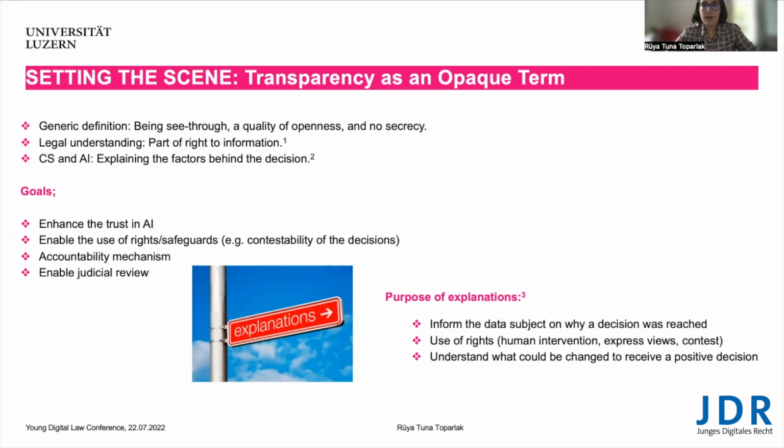So these, to a certain extent, do point us towards the explanations and explainability of that automated decision-making, because from the point of view of the affected individuals, explanations do inform the data subjects on why a decision was reached, they enable the use of rights and safeguards, and they help the individual to understand what could be changed to receive a positive decision in the future.